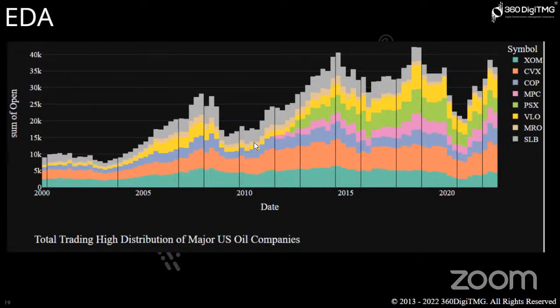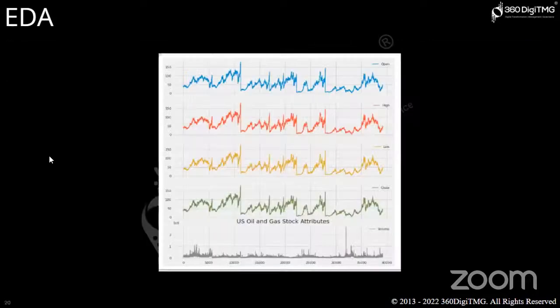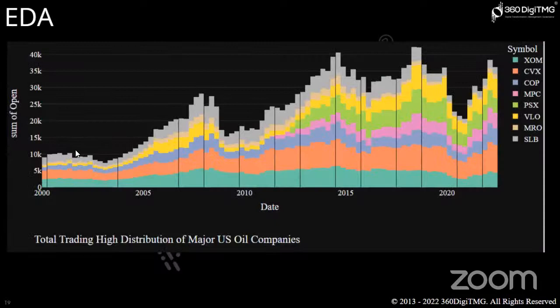We can see that in 2000 it opened somewhere around 10K, and as time goes on, around 2017 or 18, it has almost reached 40K. So this is some analysis that we are doing by taking time into consideration and looking at how the open values are changing.